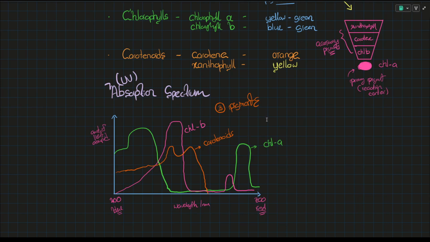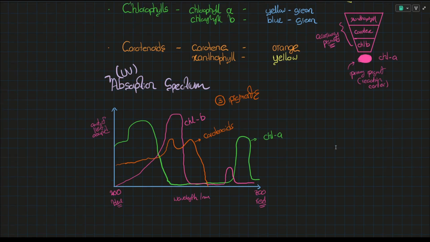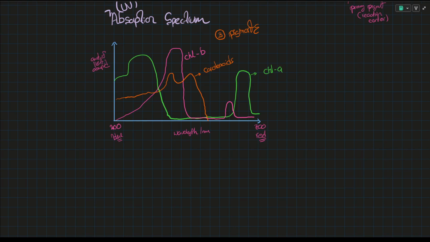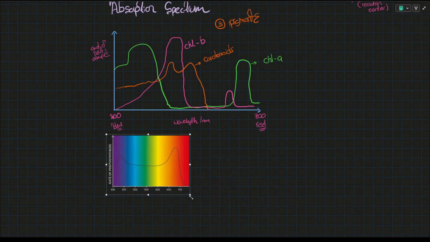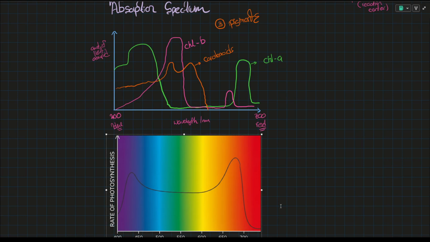That's the deal. Now, along with this, just next to it, I'm going to bring something else in as well. This is a very similar graph to that, but this is not an absorption spectrum. This is what we refer to as the action spectrum. Here we're talking about the rate of photosynthesis.